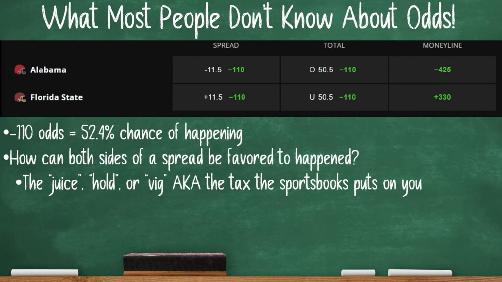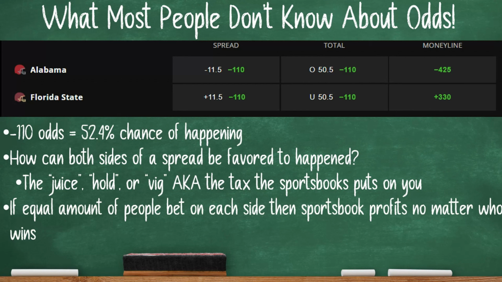Well, that extra percentage there is what's called the juice or the hold or the vig, aka vigorish. And it's just the tax that the sportsbooks put on you. So think about it this way. If one person bet $110 on Alabama to cover the spread, and one person bet $110 for Florida State to cover the spread, well, if the bet just ended there, they took no more bets, no matter who ends up covering, the sportsbook is going to profit because remember, they're only paying out $100.